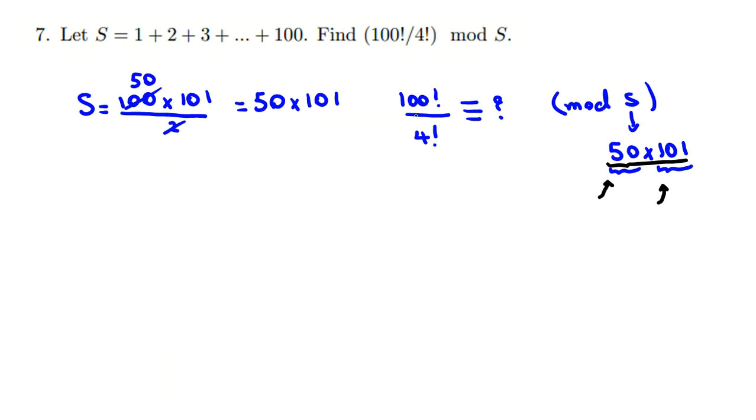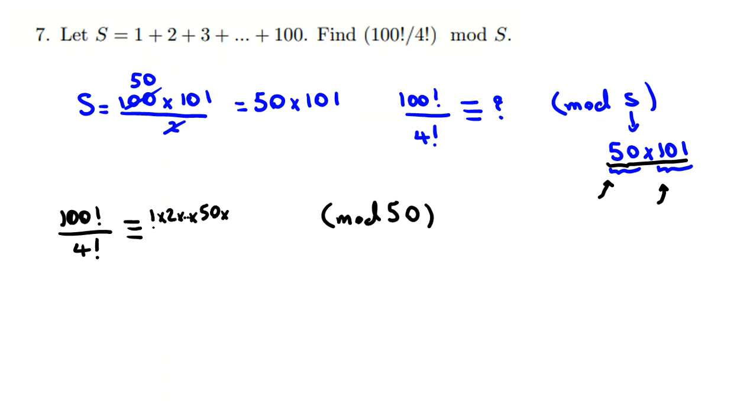Okay, so let's solve this one. At first, mod 50 is very obvious. 100 factorial over 4 factorial mod 50. If you pay attention, it is a multiple of 50. Why? Because, for example, if we write all numbers, you write 50 and until 4 factorial you can divide.